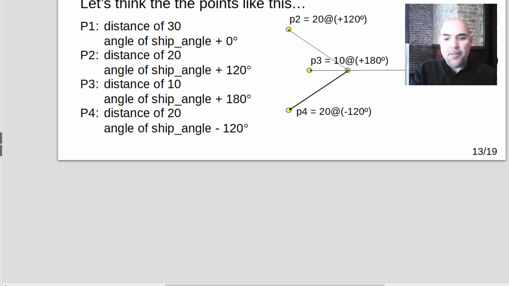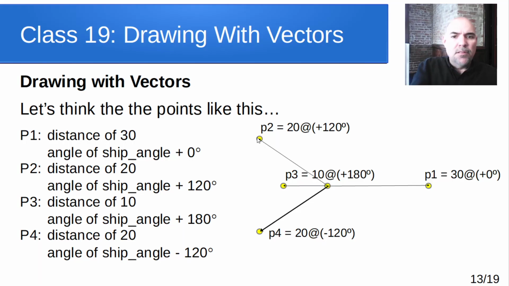Okay, so I just made a couple changes to this, so let's shift back to it. Okay, so where we had finished up was adding this P4, which was 20 pixels at minus 120 degrees. In other words, this angle back here. So in other words, we're making all of the points relative to this center one at some number of pixels away from it and some number of degrees away from its heading.